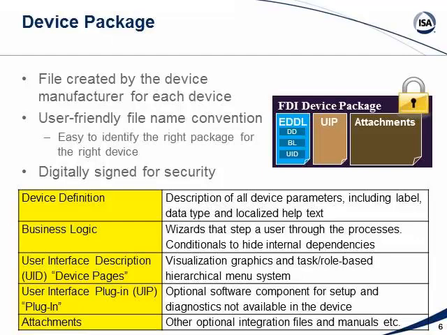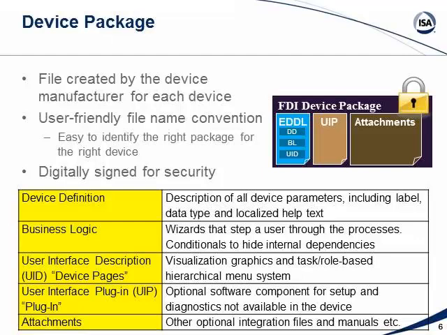On your DCS system, there should be the common file system, but associated to each type, you have to have such a device package. And the device package contains a couple of different things. The EDD, based on the EDDL, the language. The plugin, associated also with the FDT technology.